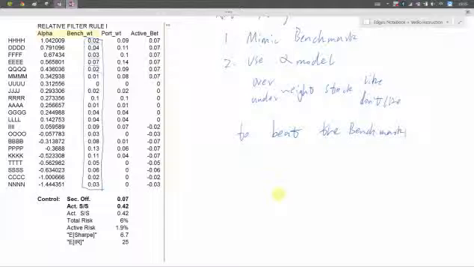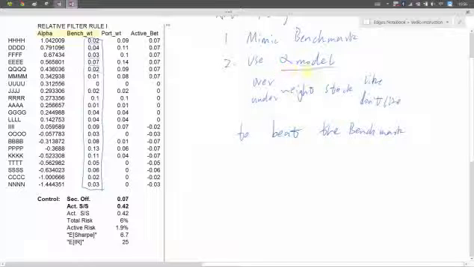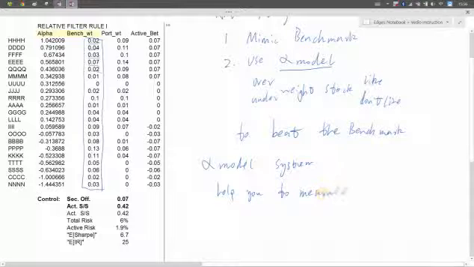I'm not going deep into this concept this time, but here's the basic concept you need to know: the alpha model is a system that helps you measure the stocks we like or don't like.